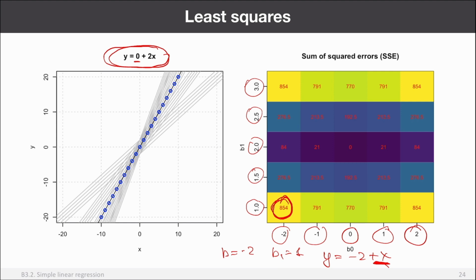But again, this is a bit smaller, a bit smaller, a bit smaller, large again. You can see that the farther you go from the real B0, the larger the error becomes, right? Also, the farther you go from the real B1, you remember B1 is 2, right? So the error gets larger. But if you have the correct B0 and correct B1, you get the smallest error. In this case, it's 0 because I don't have any noise, right?